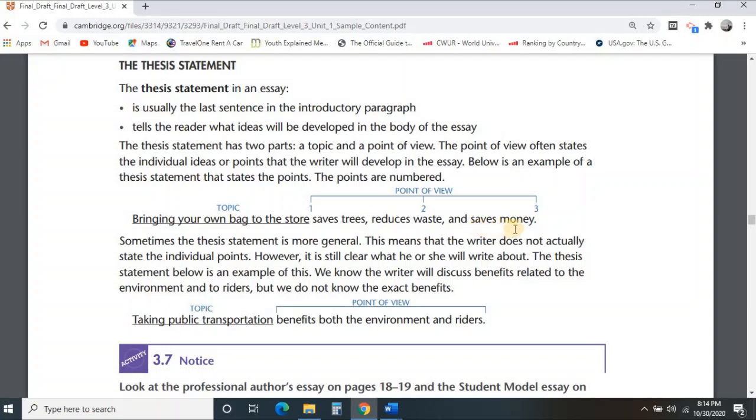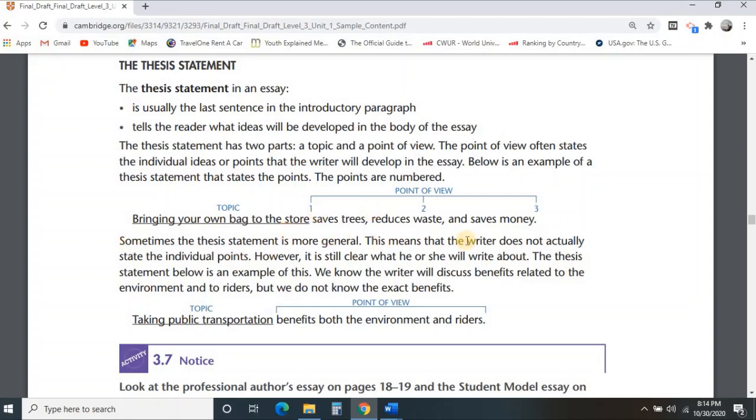Or, saving money is the last advantage of bringing one's own bag to the store. Or, in addition to saving trees and reducing waste, saving money is just another important benefit of bringing one's own bag to the store. These are just examples of topic sentences.